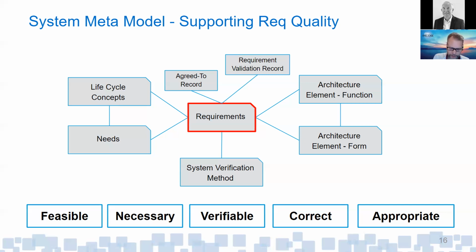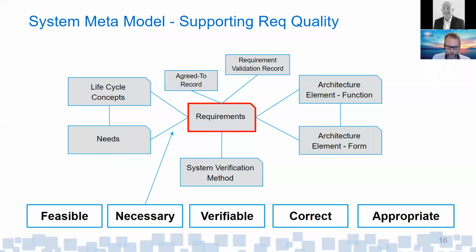There's something here that can help us determine if it's feasible. Yes, we have an agreement record, for example. I would assume that we're not going to have a set of humans agreeing to this requirement unless they think it's feasible. So we can at least address that characteristic by looking at some kind of agreement record. What about necessary?